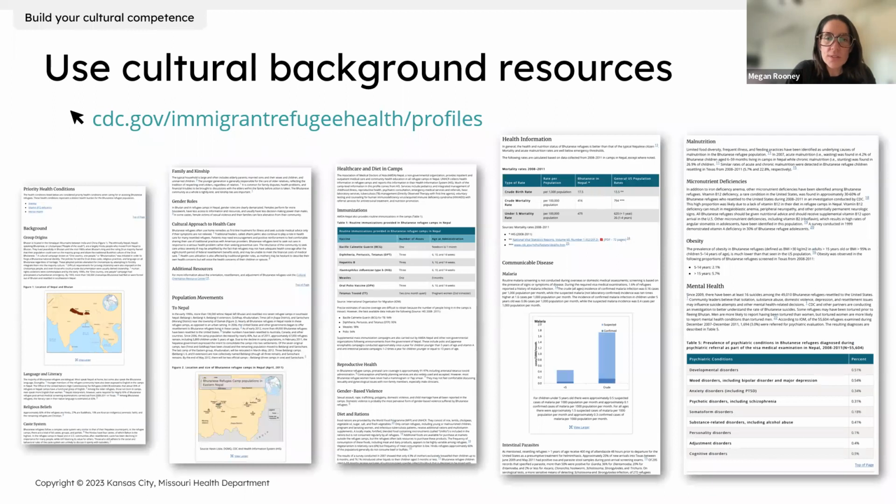But if you know, for example, you're going to be working with a specific population, maybe you're working with Afghan refugees that are coming in, learning a little bit about their culture, doing some reading on the history, on the health conditions that are common in their country or their area, where specific populations are from, what the religious issues are, if there's any conflict around religion or subgroups, minorities, it's really helpful to know before you interact with a group.